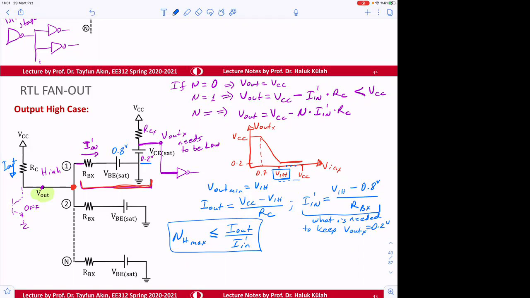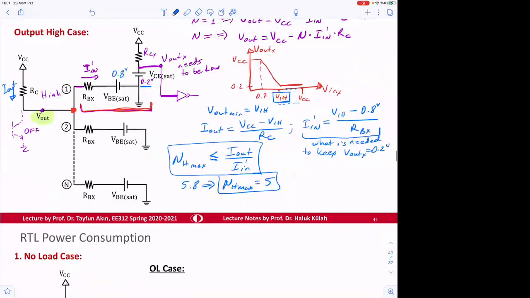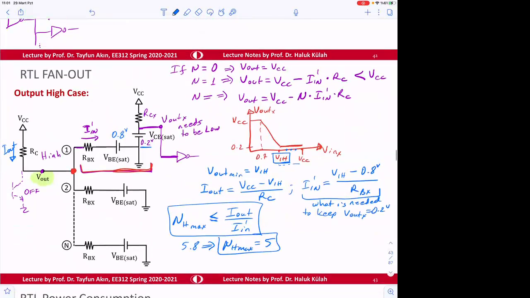So if you find this n max to be, let's say, 5.8, that means n high max is equal to 5, because if you use 6, then this is not going to be satisfied. Is that okay? I need feedback from you.